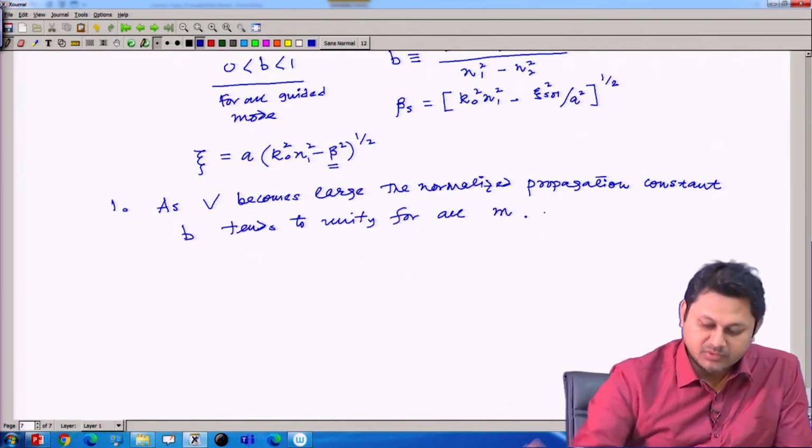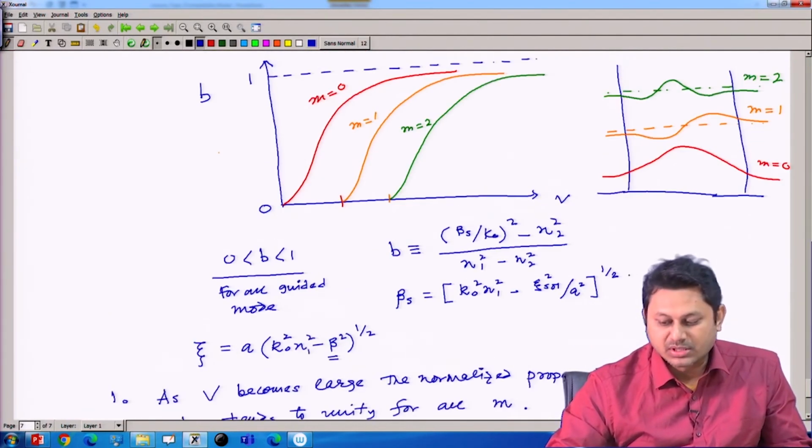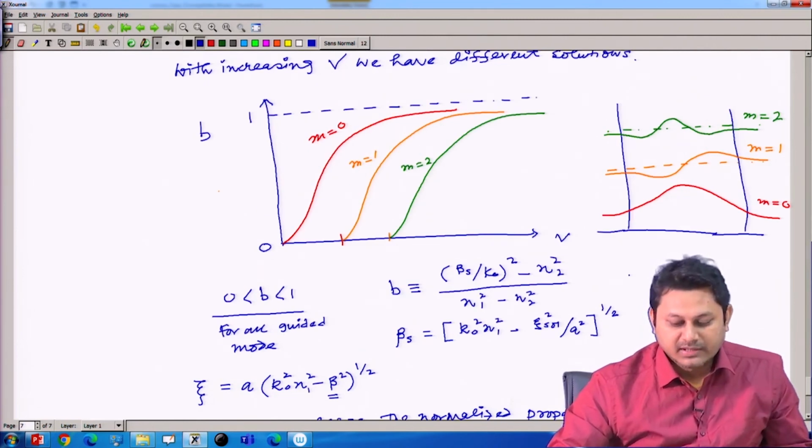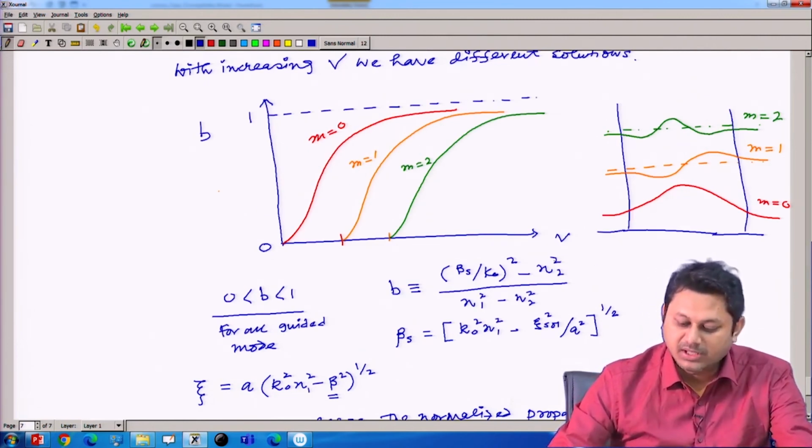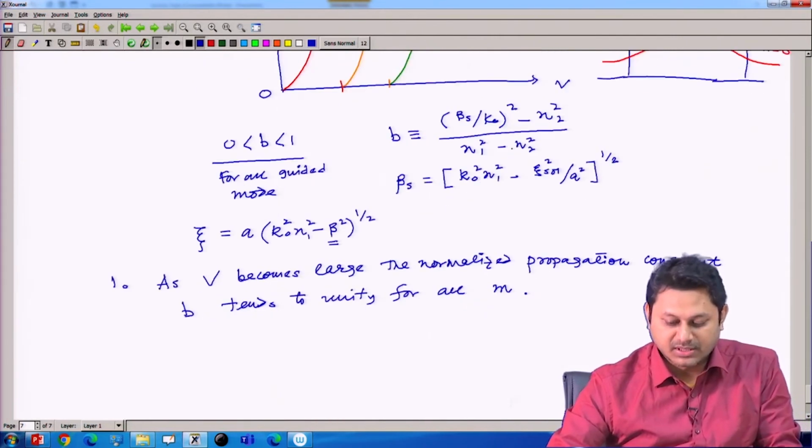So, whatever the modes we have, m 1, 2, 3, and so on, if I increase the value of V, B will march to unity.